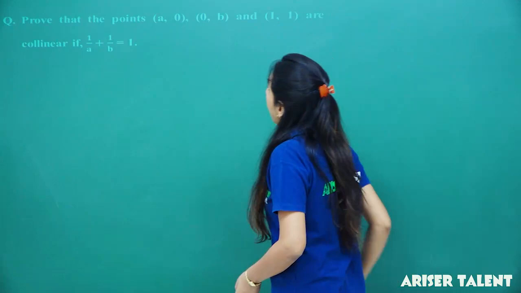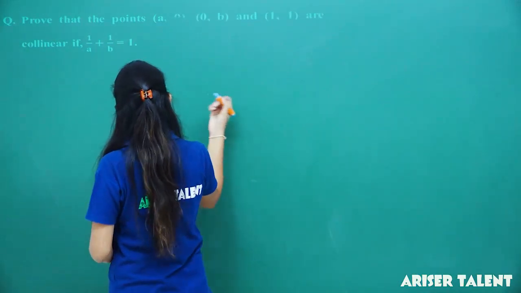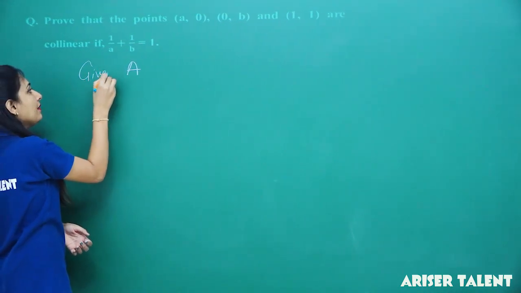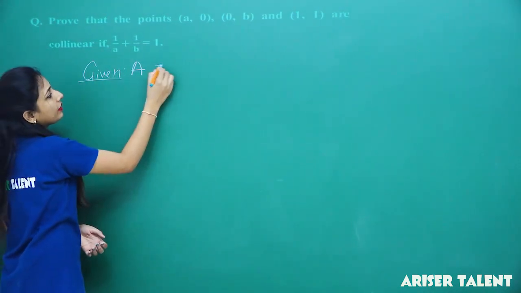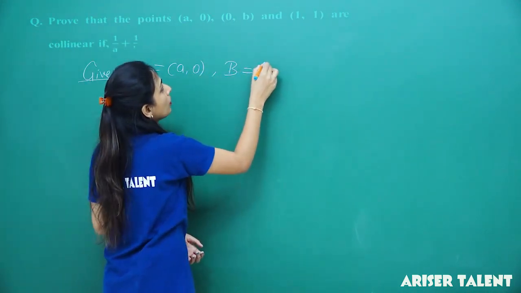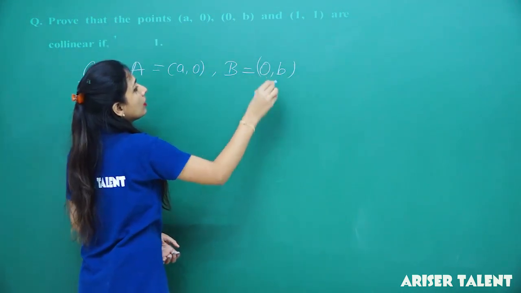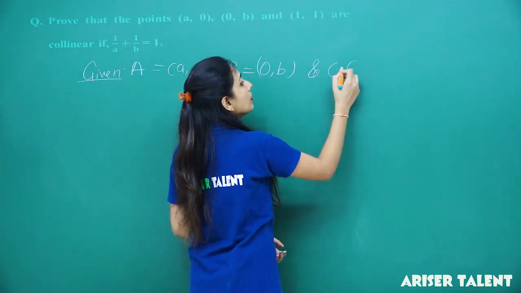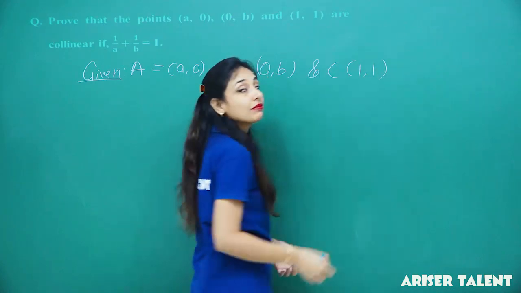So I'm having this point A, and these things are given: A equals (a, 0), B equals (0, b) and C equals (1, 1).